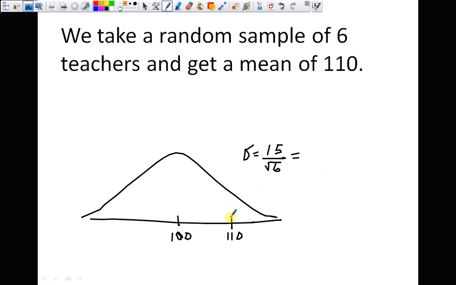Okay? So I'm not going to go through the computation here because that's not what we're focusing on. But what we would try to do is take 15 divided by the square root of 6, and you get your standard deviation. You would get your z-score here, and you would try to find this probability.